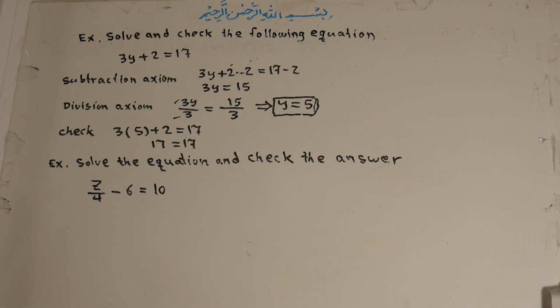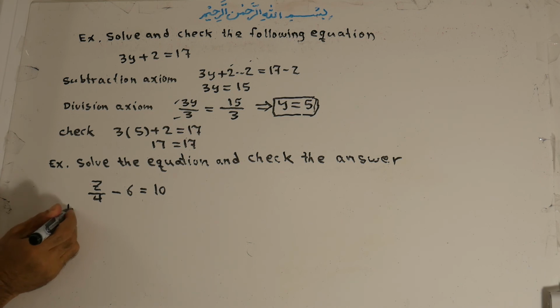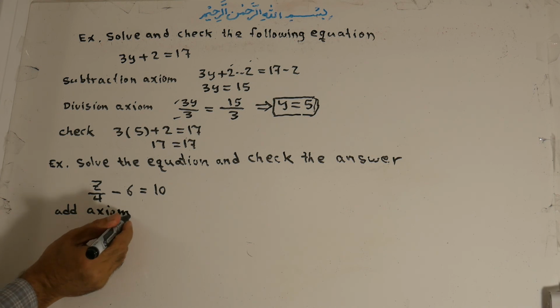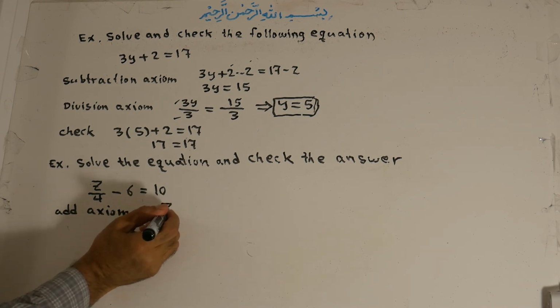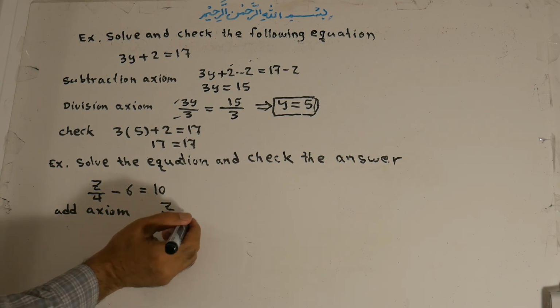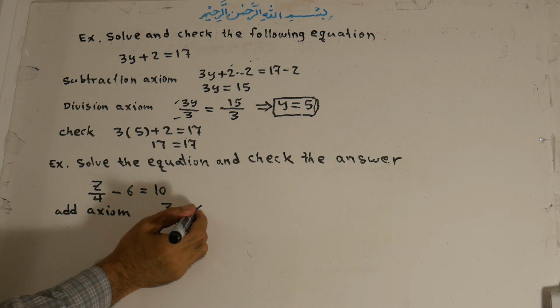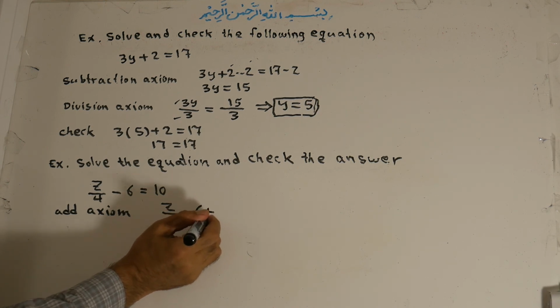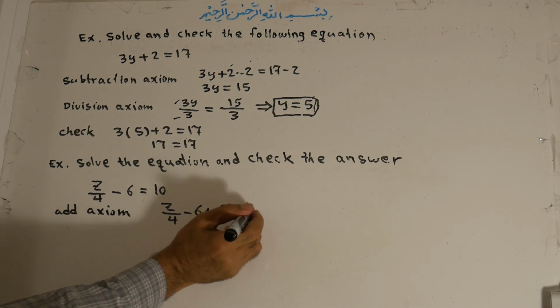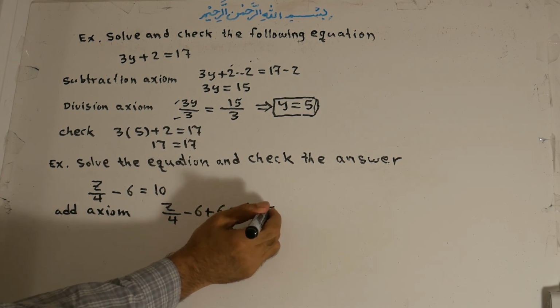Now we use the addition axiom. According to the addition axiom, Z over 4 minus 6 plus 6 is equal to 10 plus 6.